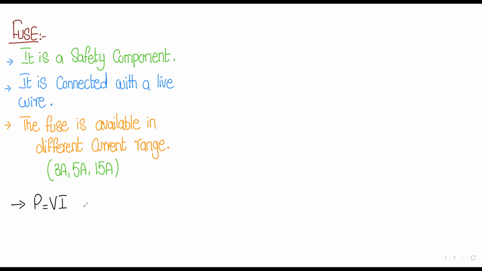Let's suppose you look at your charger or any device, there will be a value of power and voltage written on your devices or chargers, right? What is the unit of power? Watt, W, right? That is the SI unit of power.